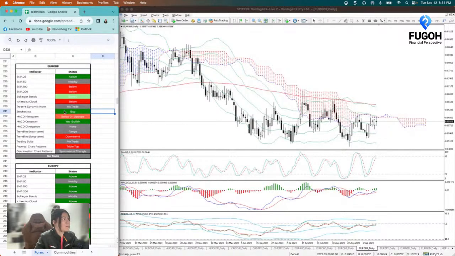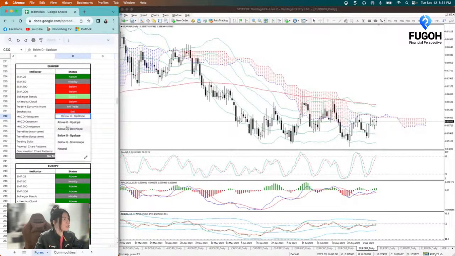Stochastics is about to sell. It's in the overbought area already, so it's probably later tomorrow. In the next few days, there's going to be a crossover here. So that's a strong indication that the upward movement is done. Crossover, do we have MACD?